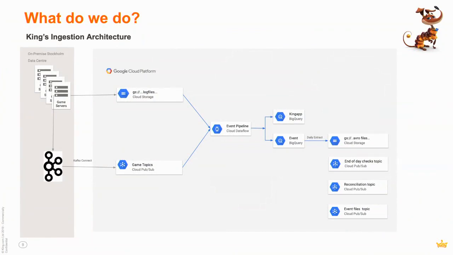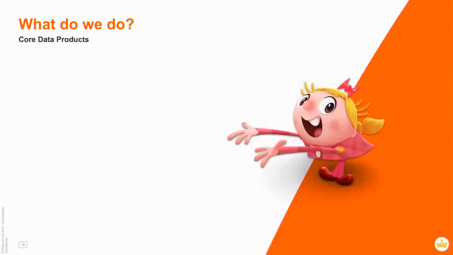We then use Cloud Dataflow to process these and populate a number of data sets in BigQuery. And we're also seeing more and more drive to having real-time data available in King. So all game events also get published to an on-premise Kafka cluster, which gets mirrored into PubSub. So that's roughly what Nick's team does.